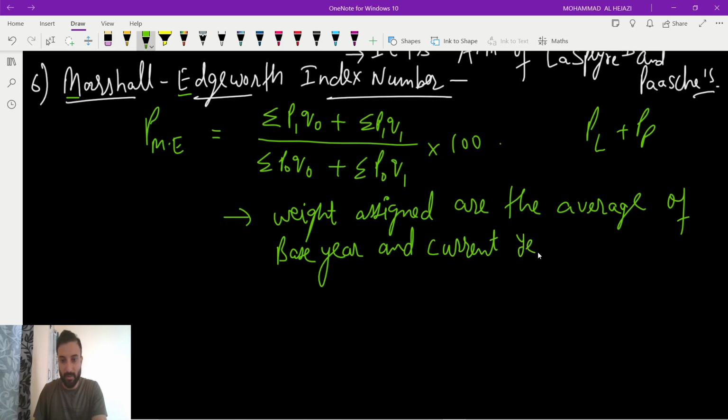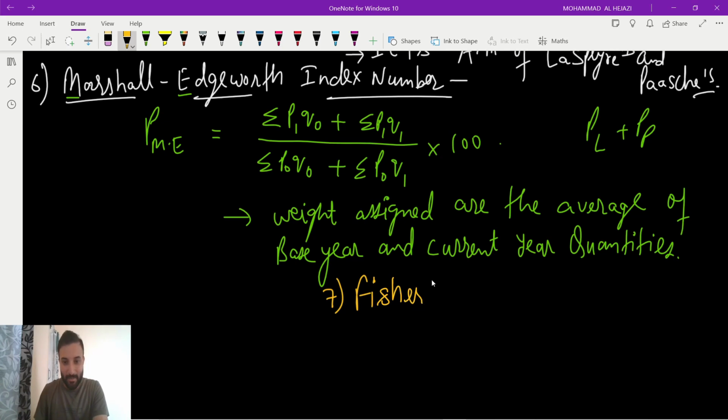Average of base year and current year quantities. Okay, now the next one, the 7th, is Fisher. Not the last one, one more is there. Fisher's ideal index number.